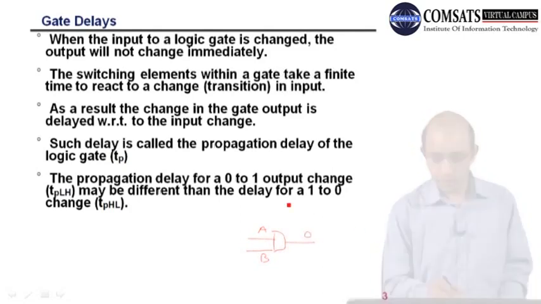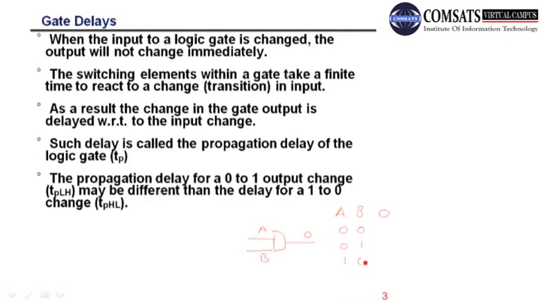Normally how many combinations do we have? We have A, B, and this is the output. So we have 0 0, 0 1, 1 0, and 1 1. And then the output is 0, 0, 0, and here we have 1. When both inputs are high, we get a high output.